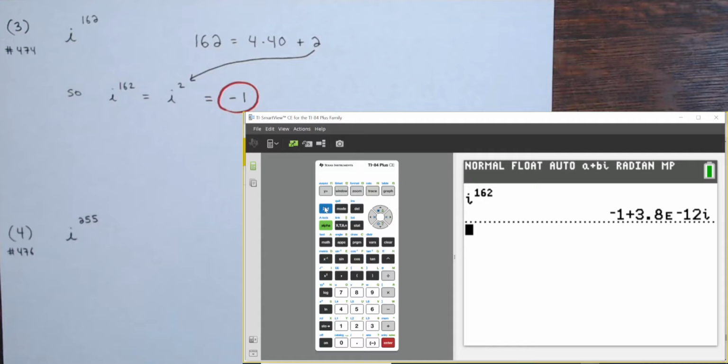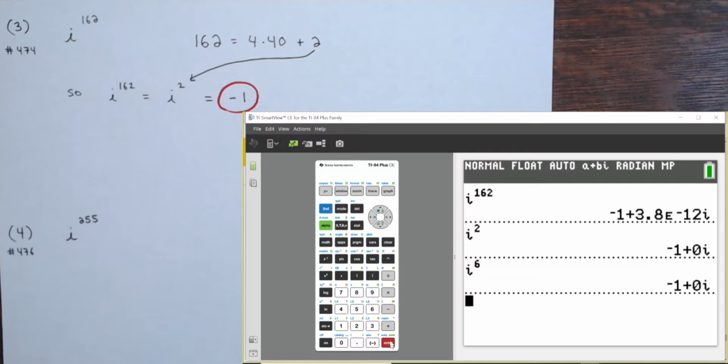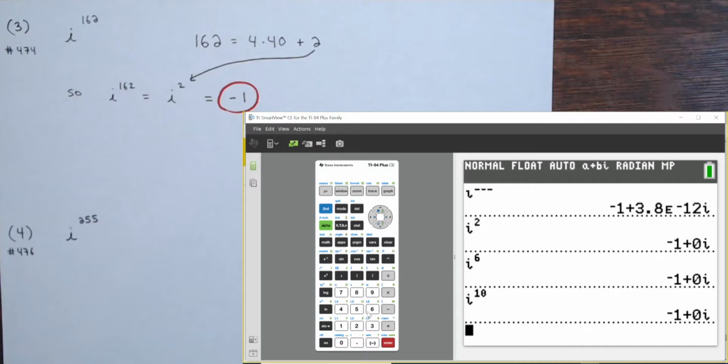I'll bet if I did a lower power of i, if I just did i squared, say -1 plus 0i, if I do i to the 6th, -1 plus 0i, and I guess the higher powers get, the funkier the calculation gets, so that's why the rounding's a little off, but it should still basically be -1 plus 0i, or just -1. i to the 10th would be -1, i to the 14th, i to the 18th, i to the 22nd, all the way up to i to the 162 should be -1.